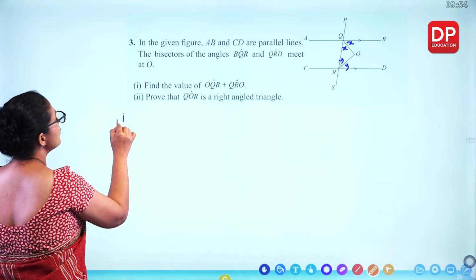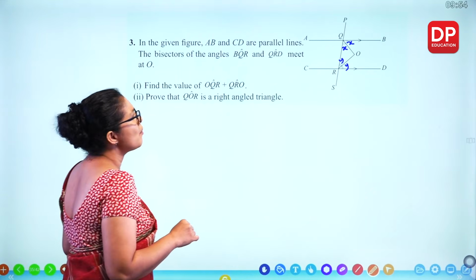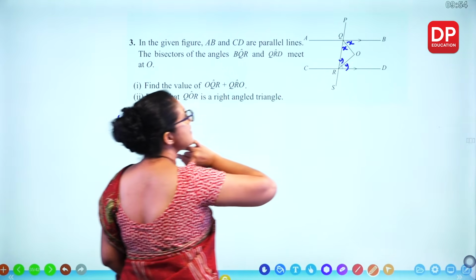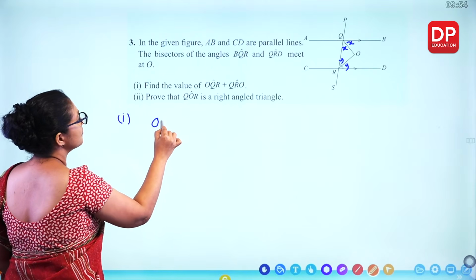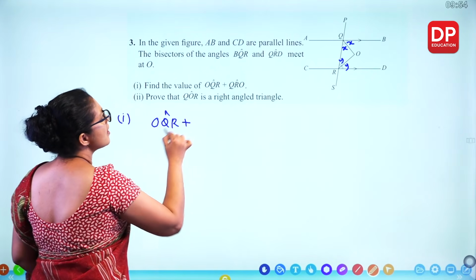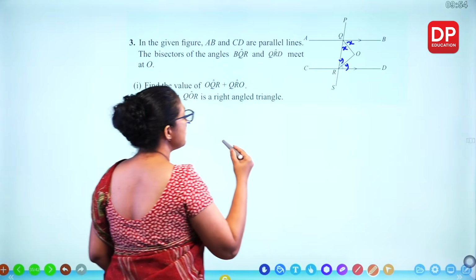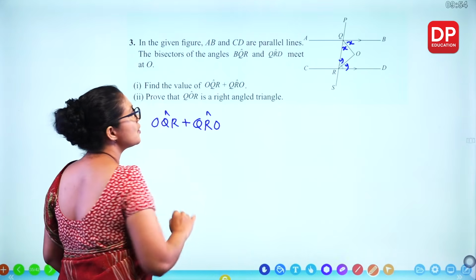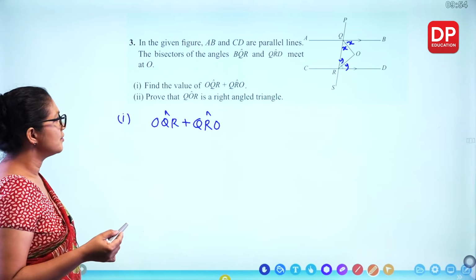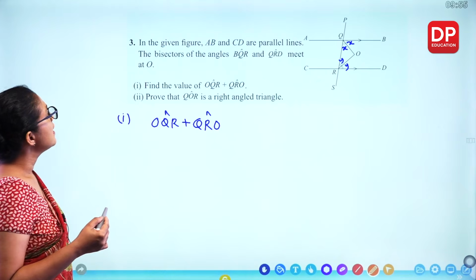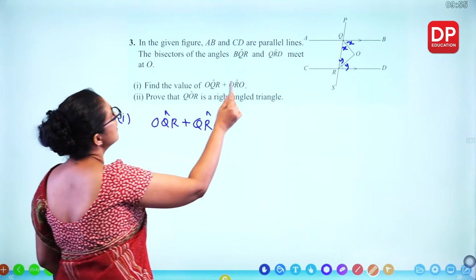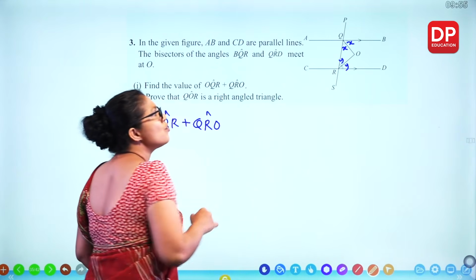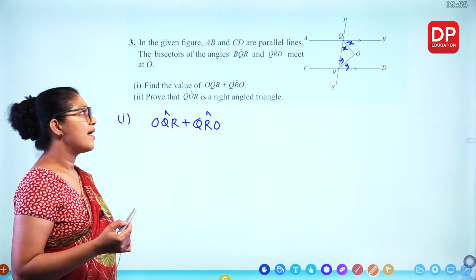So here we'll try to do the first one. OQR, that means X. QRO, that means Y. So they are asking what's the X plus Y value. The lines are parallel, so we know these two angles add up to 180.